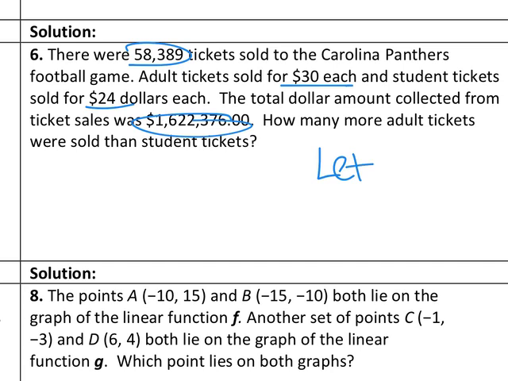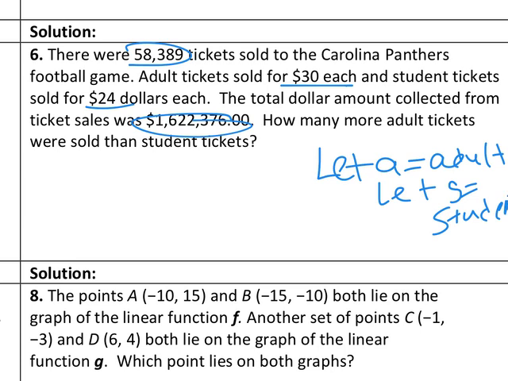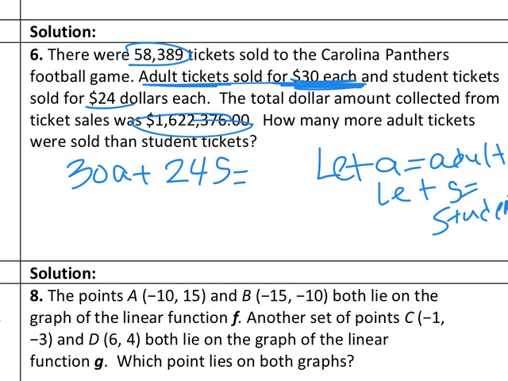Alright, let's let A equal adult tickets, and let S equal student tickets. And it says here that the adult tickets were $30 each, so 30A, plus student tickets, which were $24 each, and the total of tickets sold was in the millions.